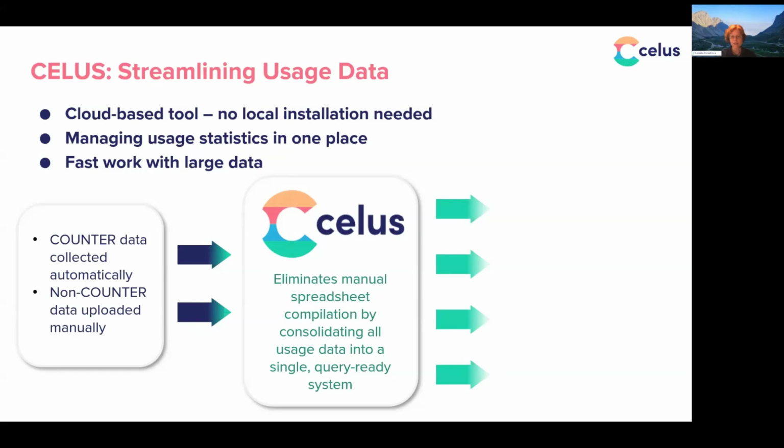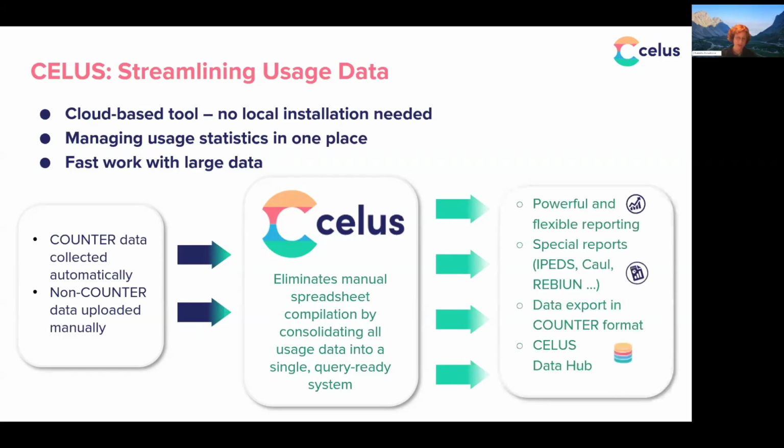But if you have the data in CELUS, you also want to use it. And how do you get it out? The first option is CELUS reporting. We will see that today. It's powerful and very flexible, and it allows you to get a lot of variable reports fast for multiple platforms, which is great.